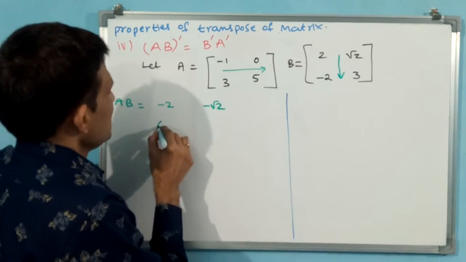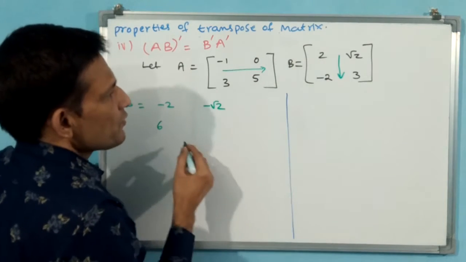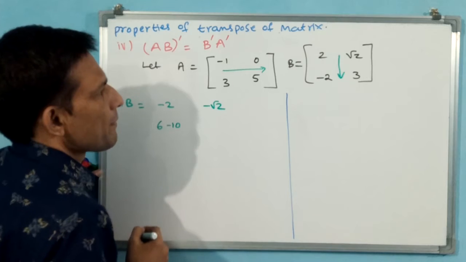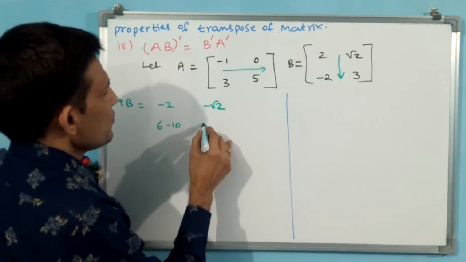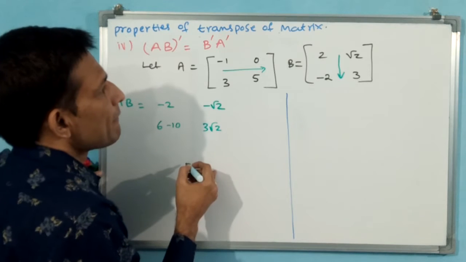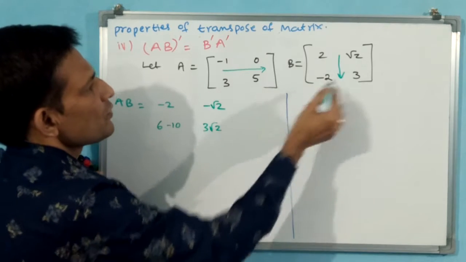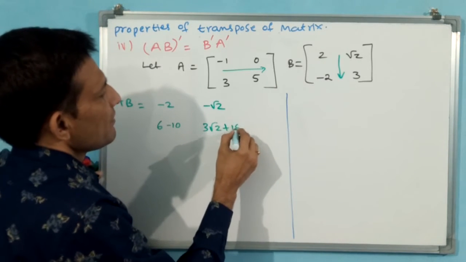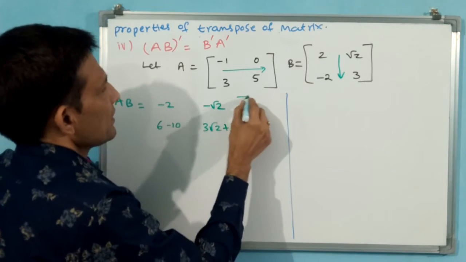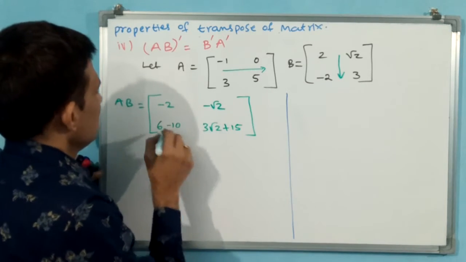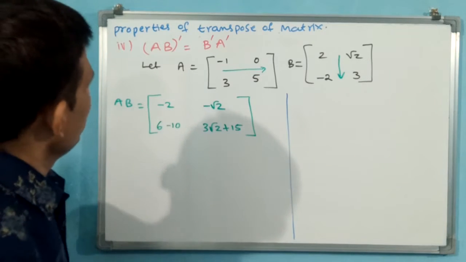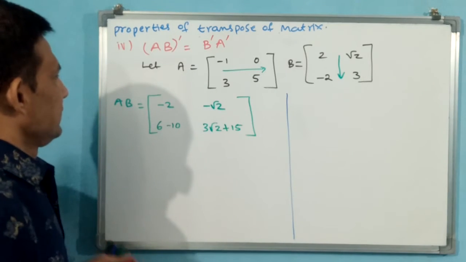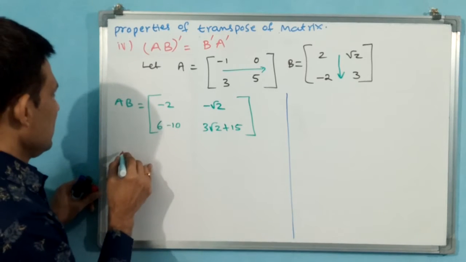3 into 2 is 6, 5 into 2, minus 2, is minus 10. So 6 minus 10. Now you go 3 root 2 plus 15, 5 into 3 is 15. Now finalize this one.